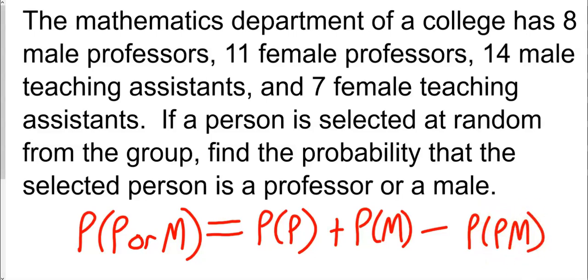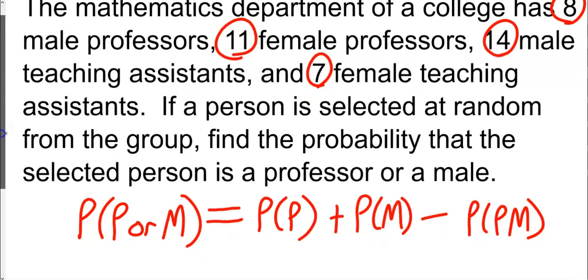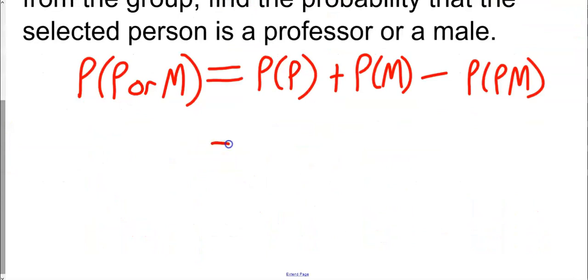Okay? So, first things first, just like what we had to do a moment ago, we need to add all of our numbers up. So 8 plus 11 plus 14 plus 7. That ends up being a total of 40.